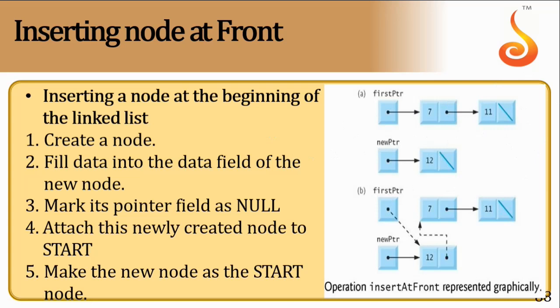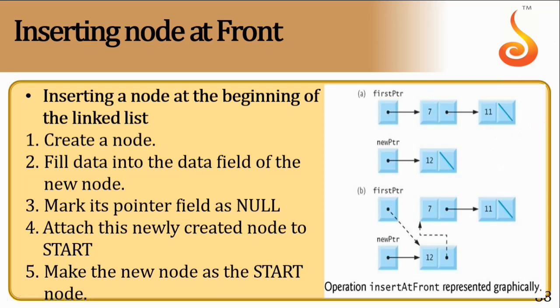So node 1 has 7 and node 2 has 11, and this dash means it is pointing to null. So the link part of the last node points to null, and the first pointer is a pointer which points to the first node in the list.